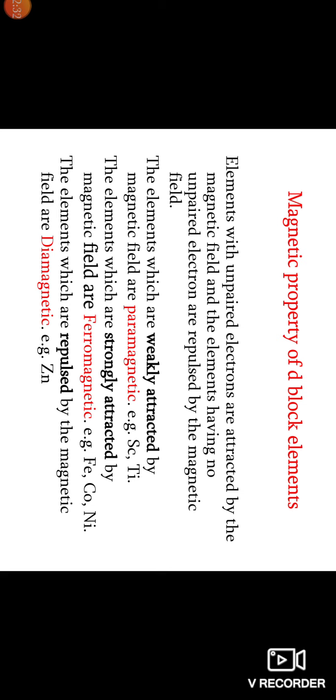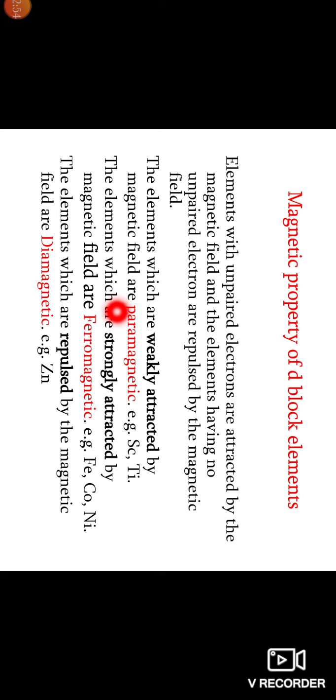But if an element does not have any unpaired electron, then it is repelled by the magnetic field. If a d block element contains a small number of unpaired electrons, then it is attracted weakly by the magnetic field and is known as a paramagnetic element.